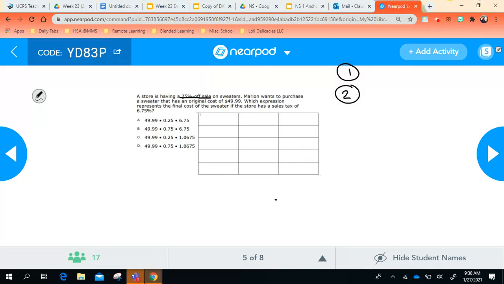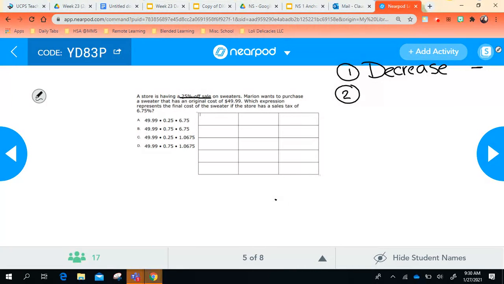When it says is having a 25% off sale, is that an increase or a decrease? It is a decrease. Because it's a decrease, are we going to add or subtract? We're going to subtract. So I'm going to put that minus sign right next to it.